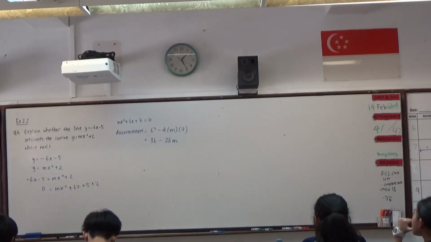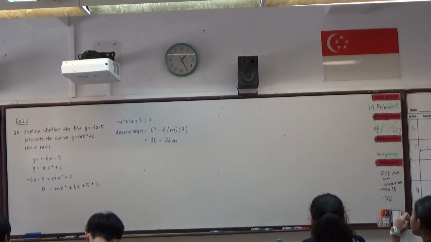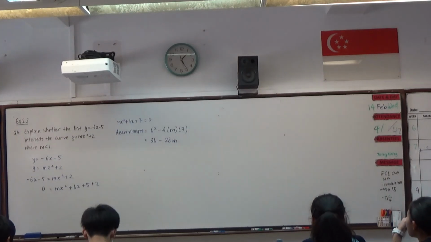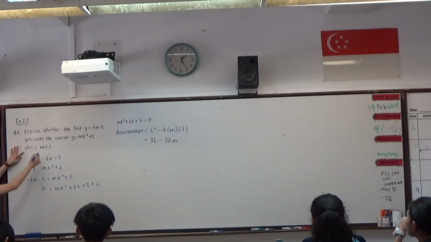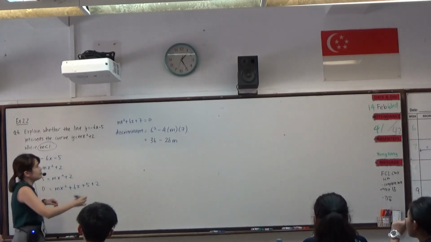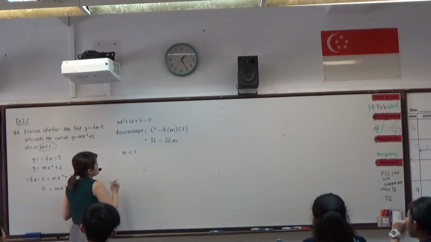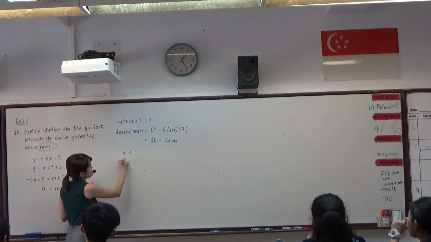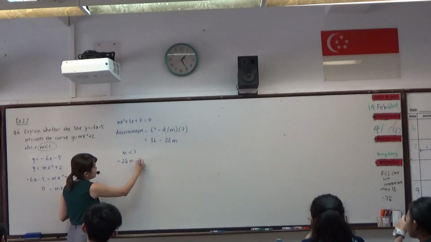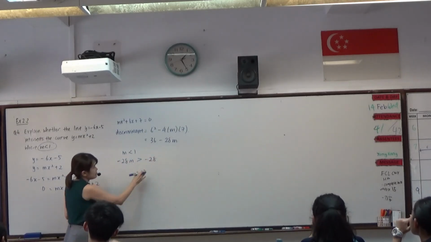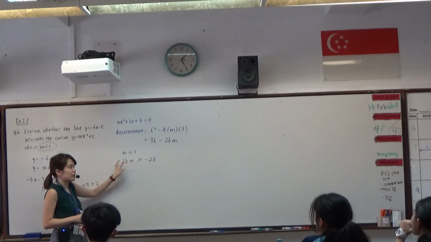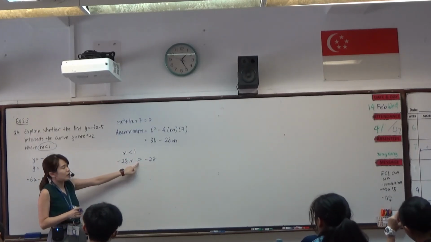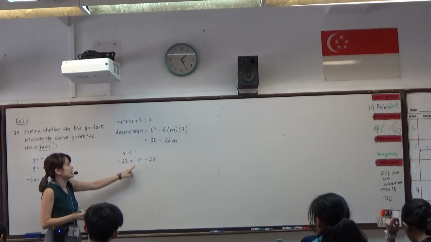To check whether there are any intersections or not, we need to check whether it is going to be more than 0, less than 0, or equal to 0. How do we check that? We are given this information here: m is less than 1. That means negative 28m will be more than negative 28, because when we multiply this inequality by negative 28 on both sides, that swaps the inequality sign.